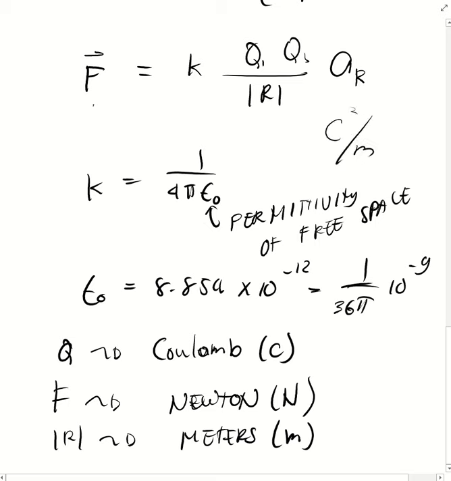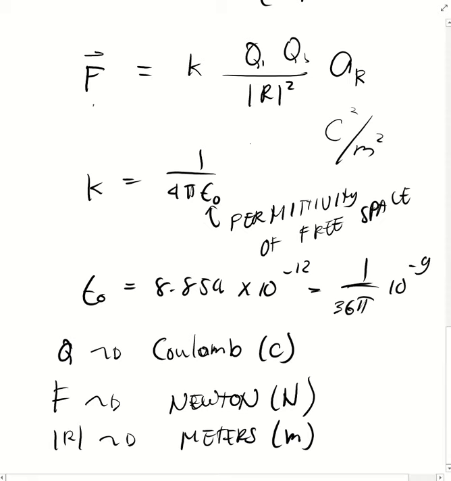We need to come up with a unit in terms of Newton for the force. So there should be a unit for the K value so that the resulting unit will be in terms of Newton. What do we multiply with Coulomb squared per meter to make it a Newton unit? This should be Coulomb squared per meter squared.